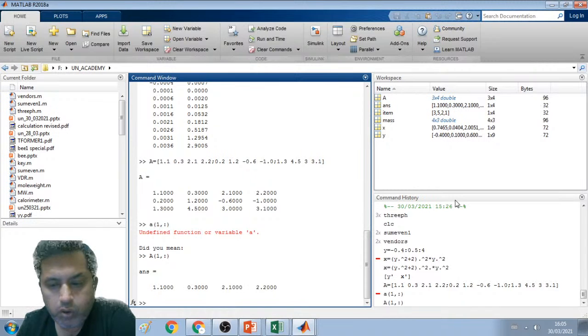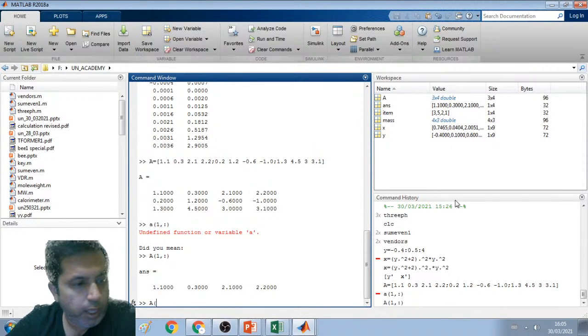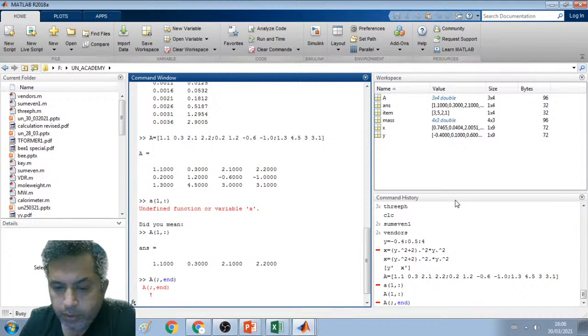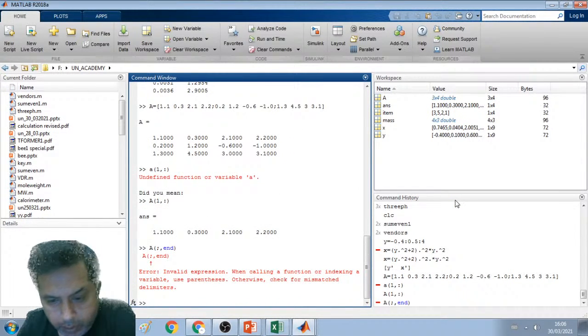So first row all columns will be there. Next A(:,end). This is colon, not semicolon.